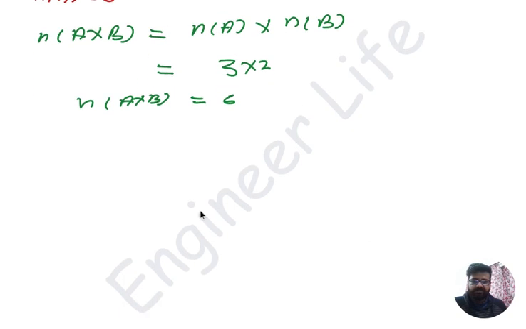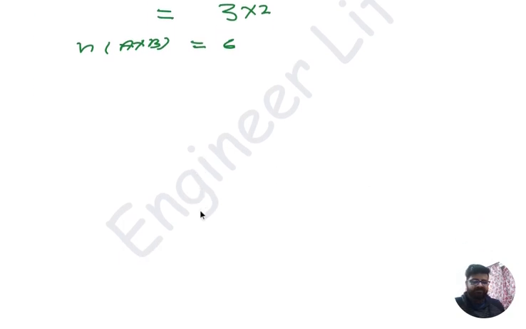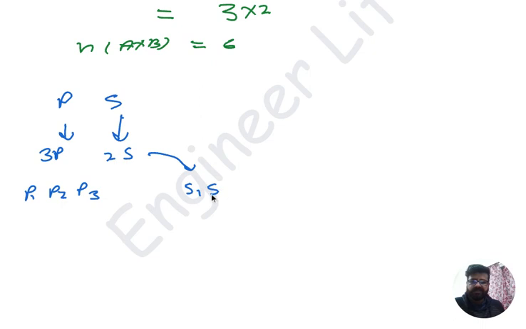So now look here. Suppose you have some pants and some shirts. Suppose you have 3 pants and 2 shirts. I say you have pant 1, pant 2 and pant 3, and you have 2 shirts, shirt 1 and shirt 2.